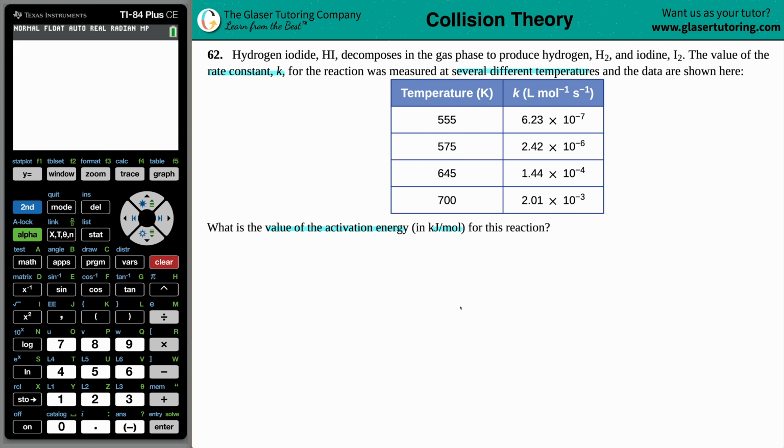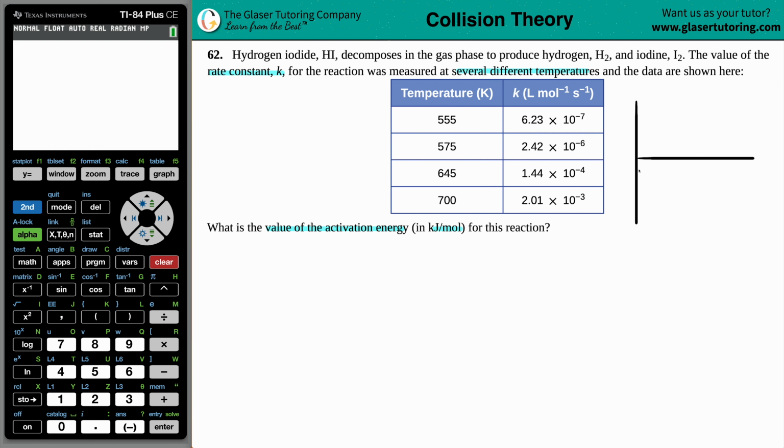This will only work if we assume that these temperature and rate constant values, when graphed properly, will produce a linear line. The units, temperature and the rate constant, are not going to be the ones that produce a linear line. The idea is that you will get a negative linear line, something like that.